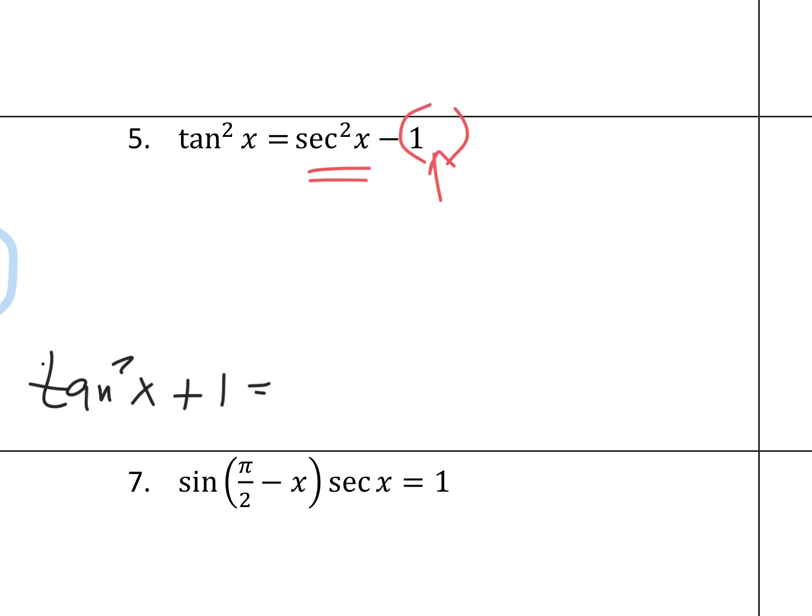Plus 1 is secant squared. This is just me saying, I think that's the one I'm going to pick because it has a 1 in it and it has a tangent in it. So that's probably it. But this is where it steps up a notch, where you can't just find something on the sheet and stick it in. You got to think. I can replace that 1 with what?